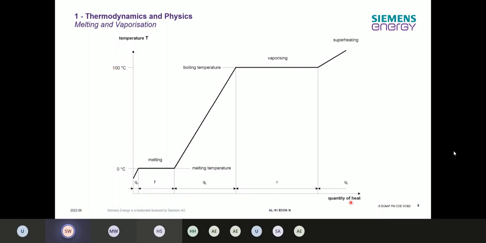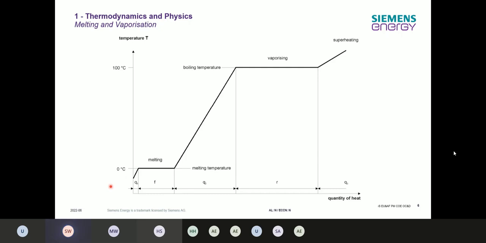And on the x-axis here, we're seeing the quantity of heat. So that's the amount of energy we need to put into the process to get either boiling water or to get the ice melted, and this melting temperature is where the process from ice to water is happening without any temperature change.